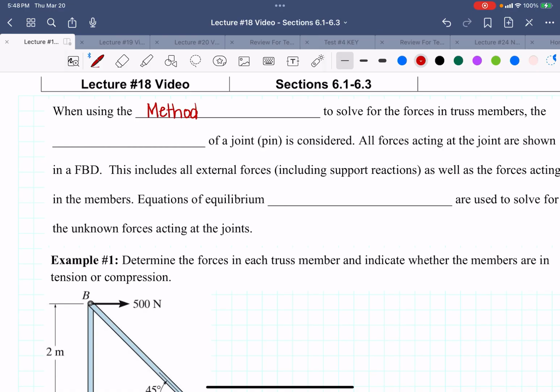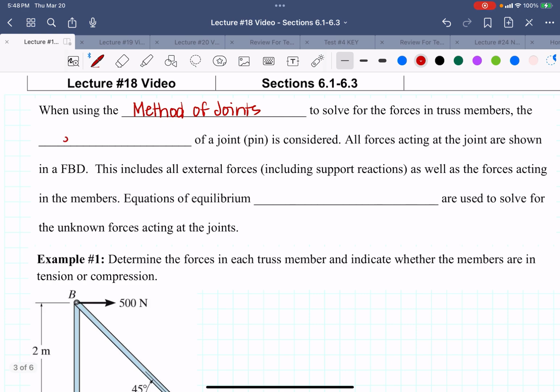So when using the method of joints to solve for all the forces in truss members, we look at the equilibrium of a joint pin. All forces acting at the joint are shown in a free body diagram. So we're going to do lots of free body diagrams for our joints. This will include all external forces as well as the forces acting in the members.